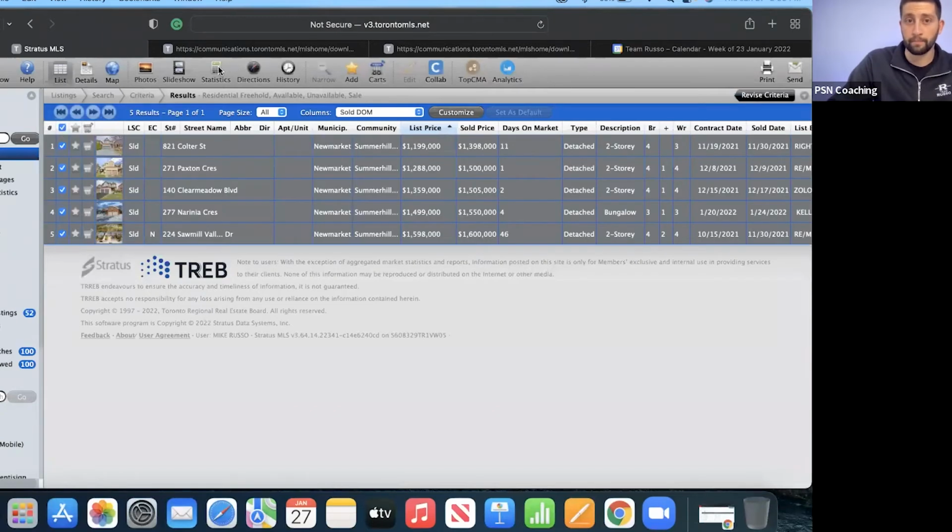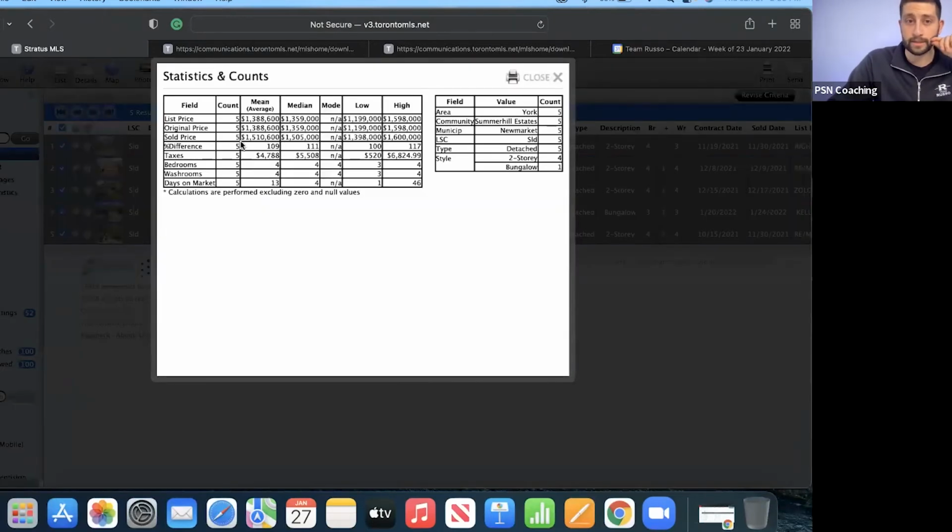Looking at these 5, I'm going to pull up the stats. I can see the average of these homes sold for 1.510, and the difference is 109. So the percentage to asking: they're going roughly 9% over asking price. Dave, you throw up your hand again there.